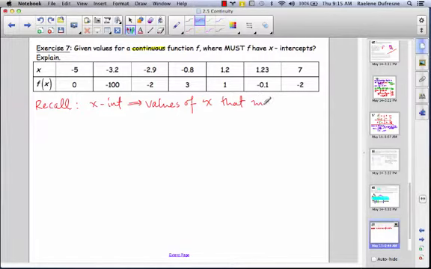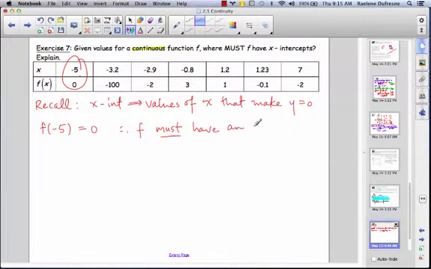So values of x that make y equal to 0, well, we can see immediately that f of negative 5 is 0. So f must have an x-intercept at x equal to negative 5.